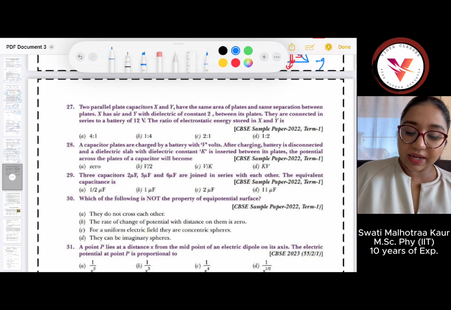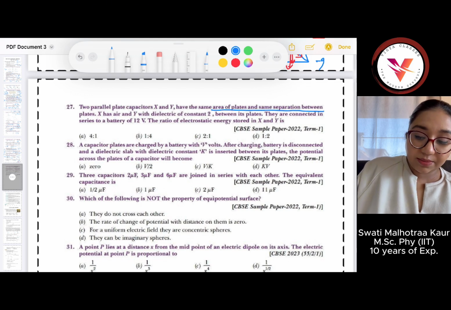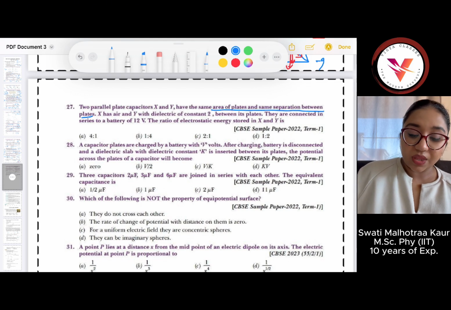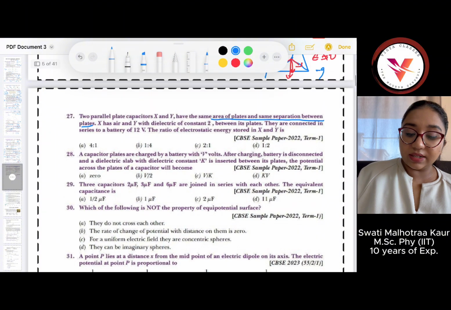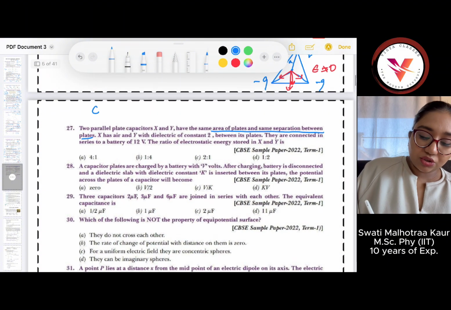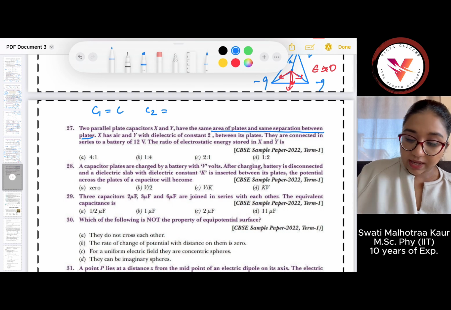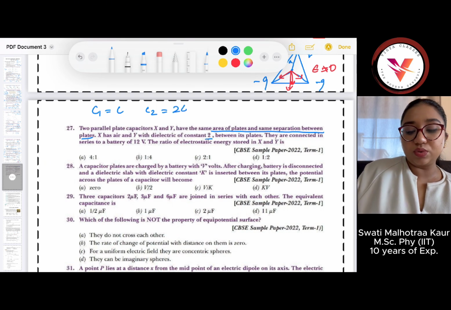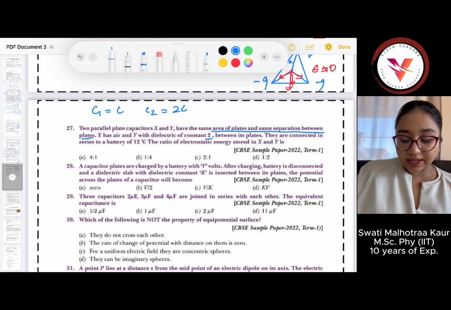Next, two parallel plate capacitors X and Y have the same area of plates and same separation between them. X has air and Y has a dielectric of dielectric constant 2. So C1 is basically C and C2 becomes 2C. They're connected in series to a battery of 12 volt.